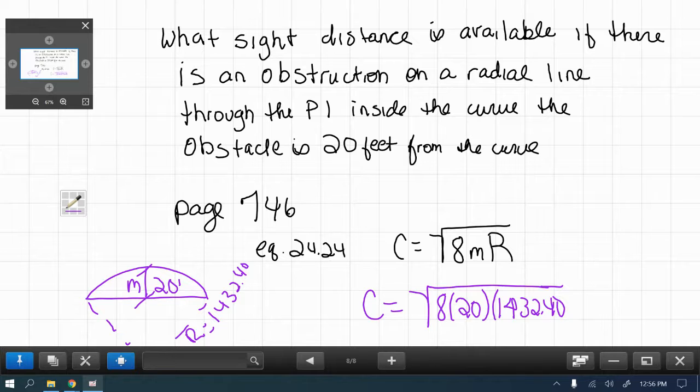Square root. I got 478.73. That would be in feet.